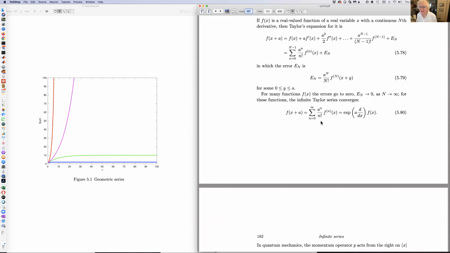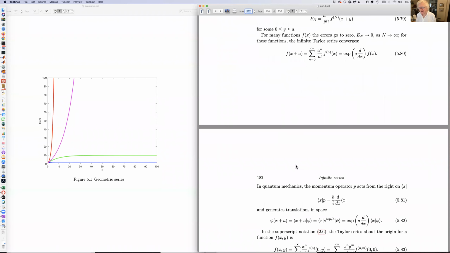For many functions, the errors go to 0 very quickly, or at least quickly enough, and you can then write this as an infinite sum with factorials in the denominator, a to the n, f to the n, and then we can rewrite that as the exponential of a times d by dx on f of x.